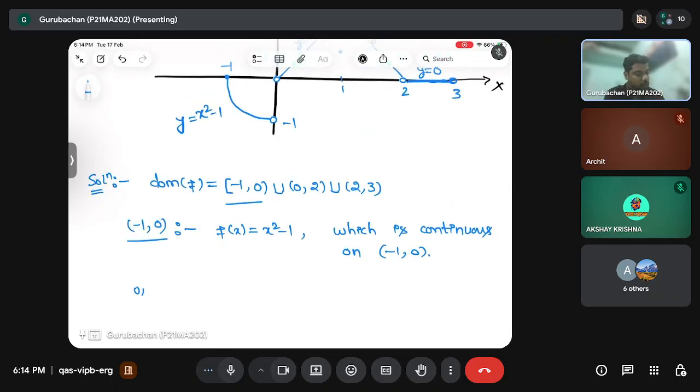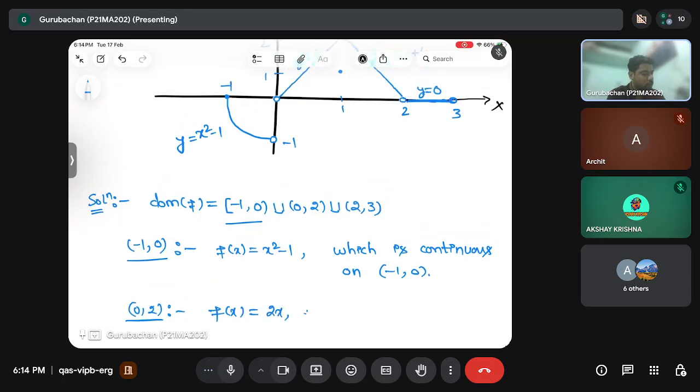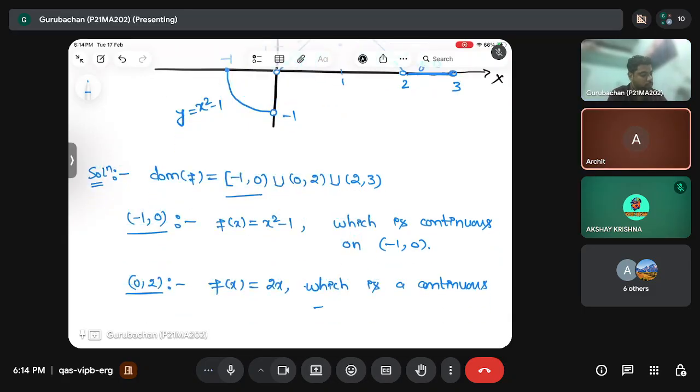Next 0 to 2. What is f(x)? 2x, which is continuous. Sir, 0 to 1, not 0 to 2.